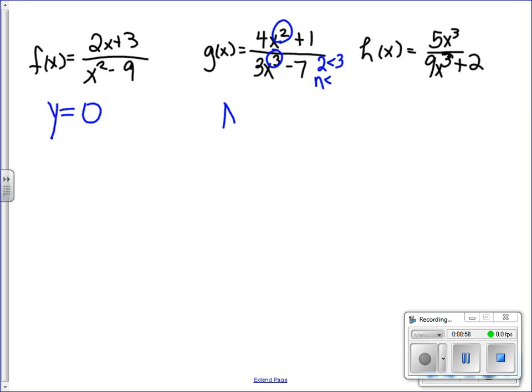N is less than m. Y equals 0. Yes. And that is 5 equals 5, 9. All right. Wonderful.